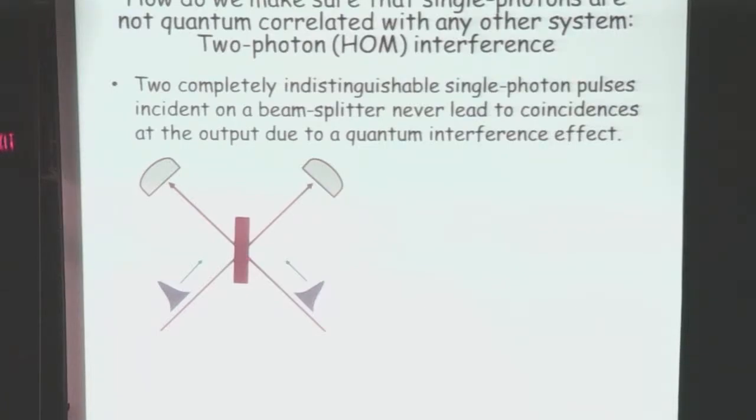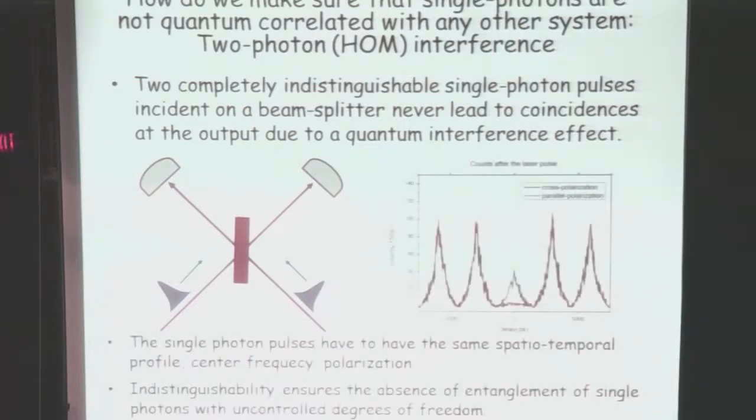And this actually is, of course, true for any bosonic particles. And this allows you, in turn, to look for the coincidences, which will then tell you whether the photons have distinguishability. So this is an experiment we did with two quantum dots in different cryostats. If we make sure that the photons are essentially indistinguishable, but change the polarization of one such that they're rendered distinguishable, then we have a center peak here that is half as big as the others, which is precisely what you expect if there is no interference.